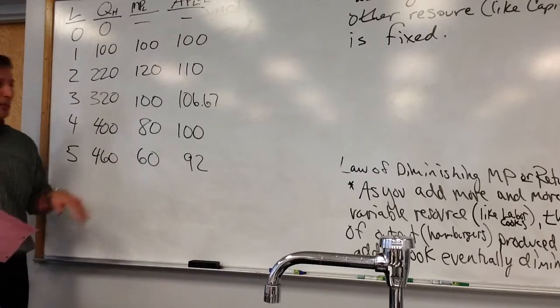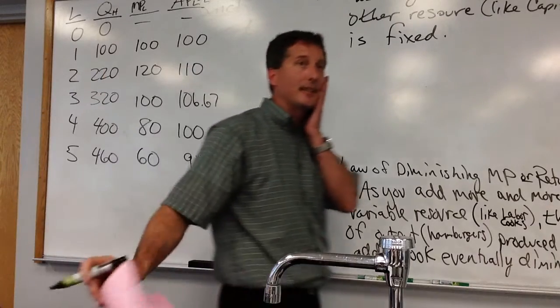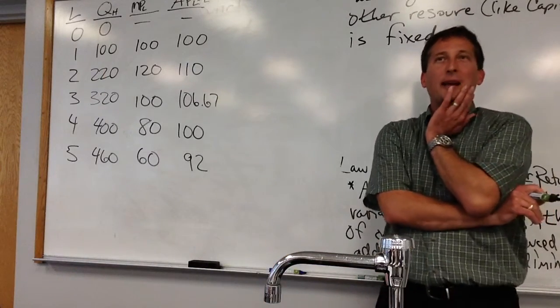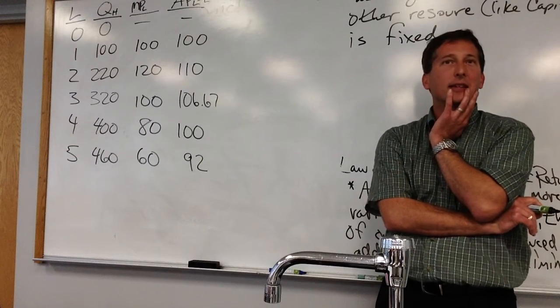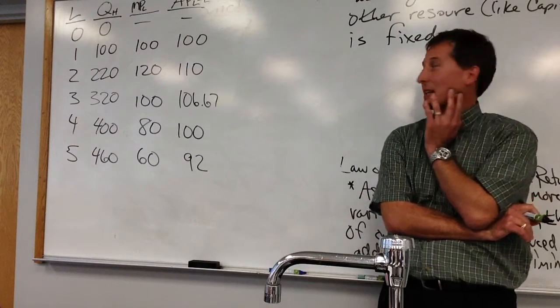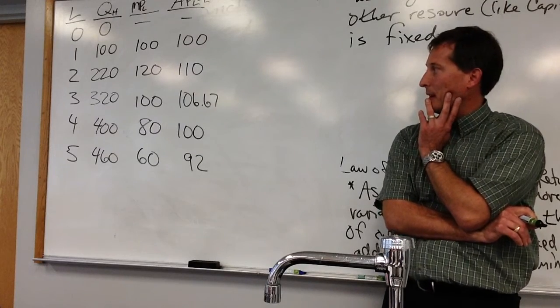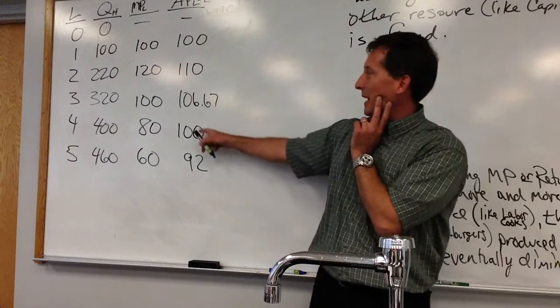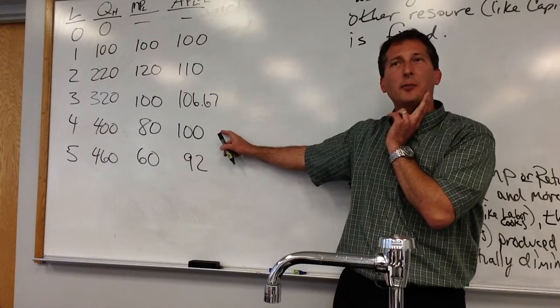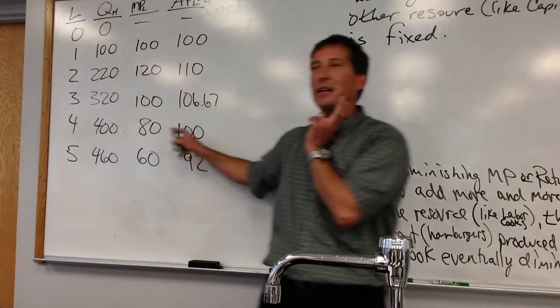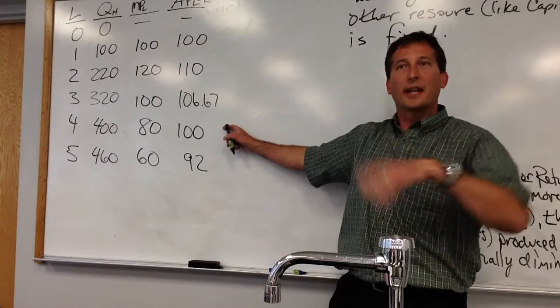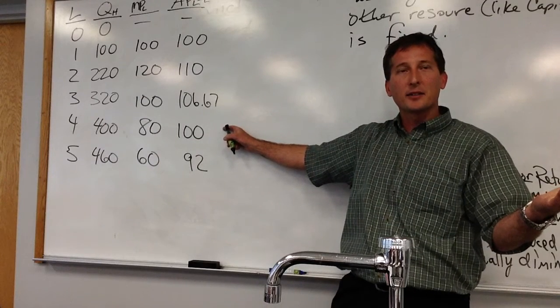Now, the one thing I wanted to point out was the mistake that a lot of managers make by looking at the averages, because they didn't listen in Econ 101 class, in Econ Principles. They will often say, you know what, we need 100 more hamburgers. Right now, we've got 4 people and we're making 400, so we'll get an extra 100 if we hire somebody else.